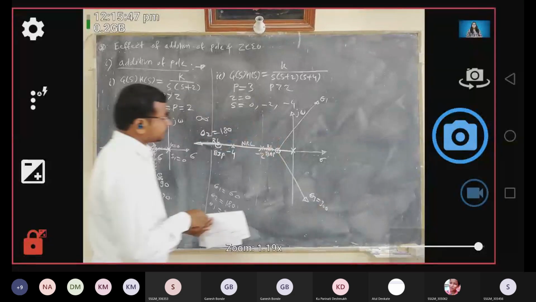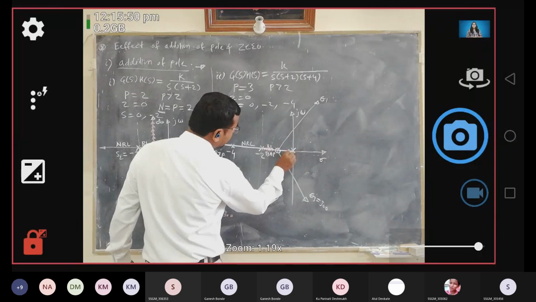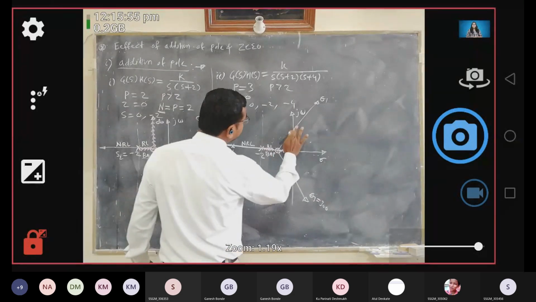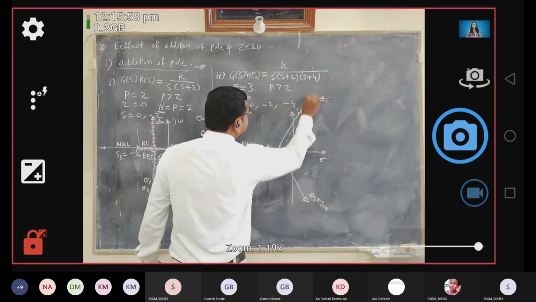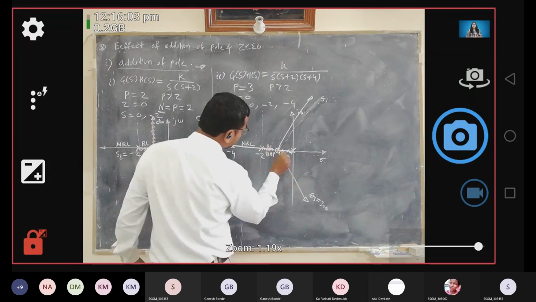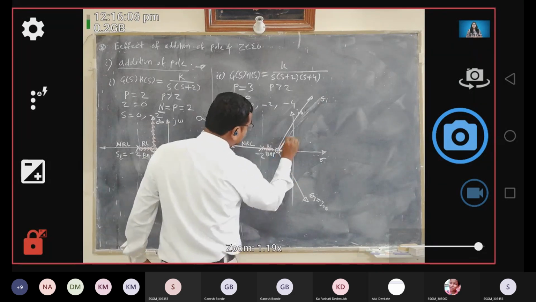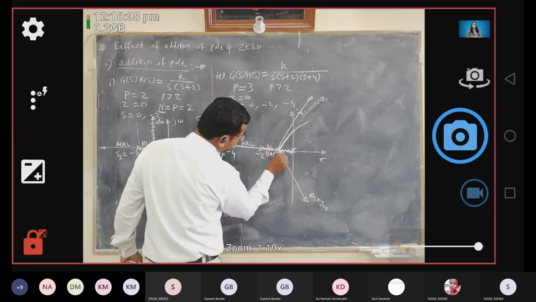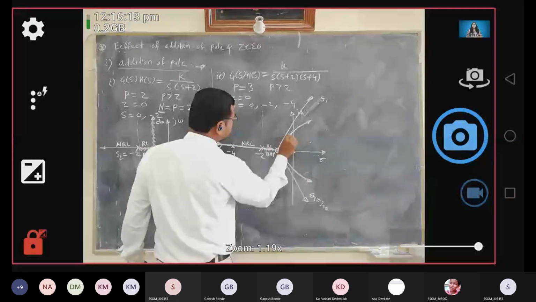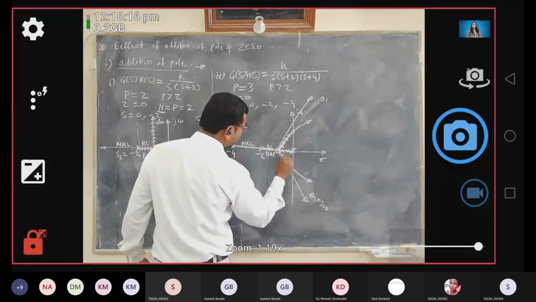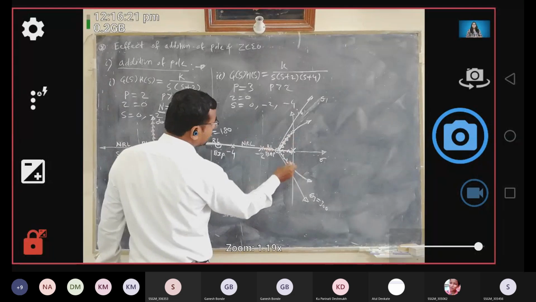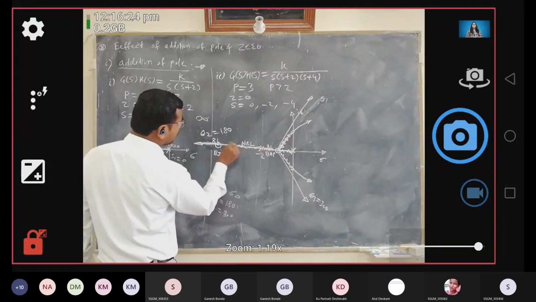Then the root locus branches may start moving like this, and after this point, one branch may move like this, and another branch may move like this. You try to sketch. So these are the two root locus branches, and one branch may move along.